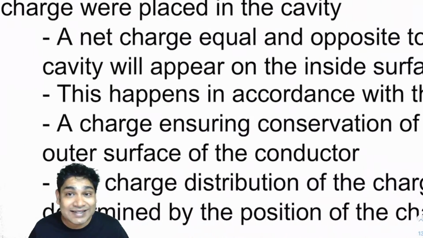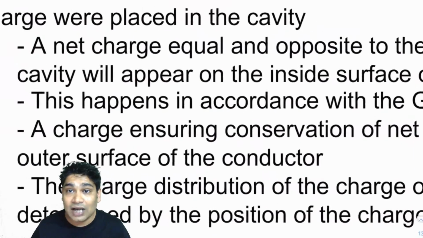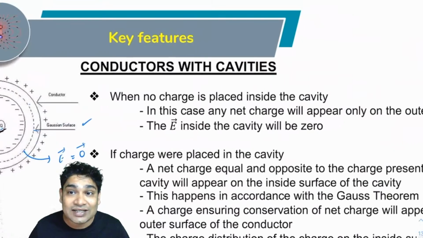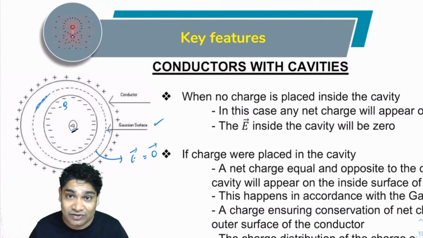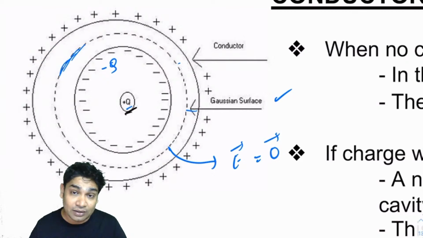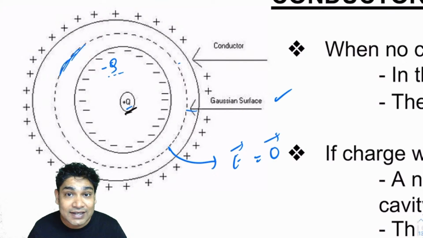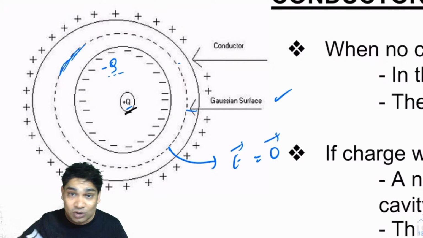Alright, so how does this charge distribute itself? Also, ensuring conservation of charge, a charge will appear on the outer surface. Imagine in this case, my conductor was initially neutral. Since minus Q charge came here, where does this charge come from? These are the free electrons running inward.